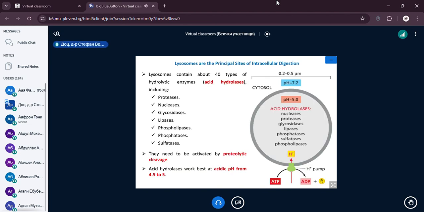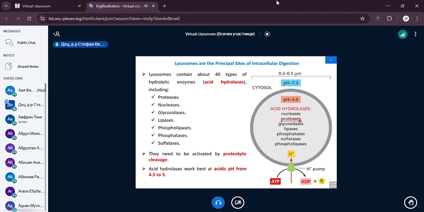After this introduction, let's see what the lysosomes are. Lysosomes are membrane-bound organelles, like small vesicles, and inside they have more than 40 different types of hydrolytic enzymes called acid hydrolases, including enzymes capable of degrading proteins. These enzymes are called proteases.